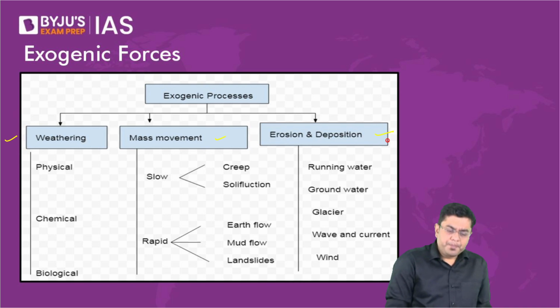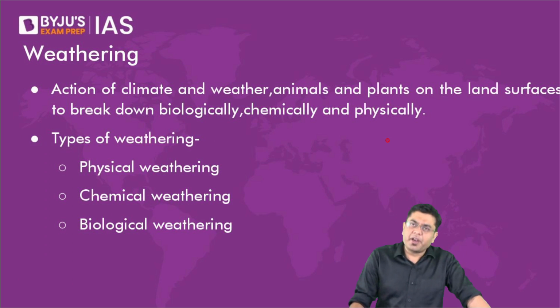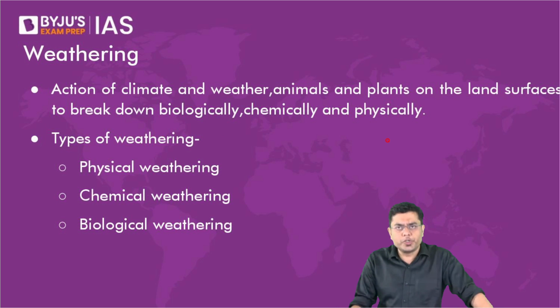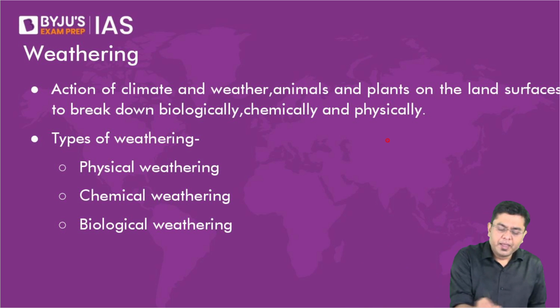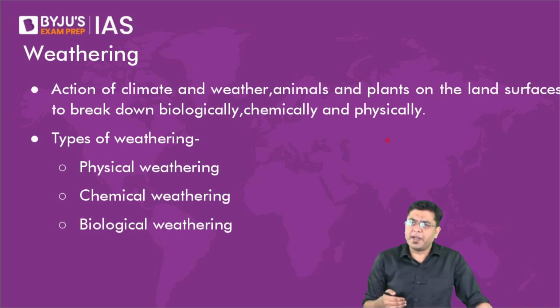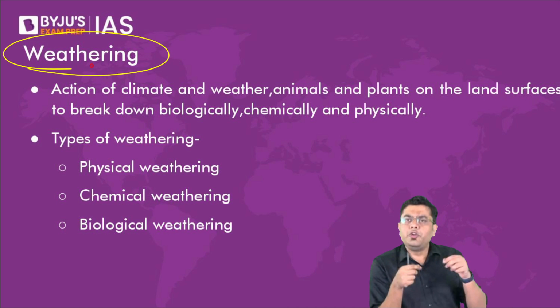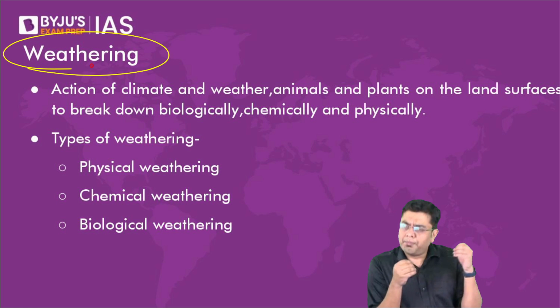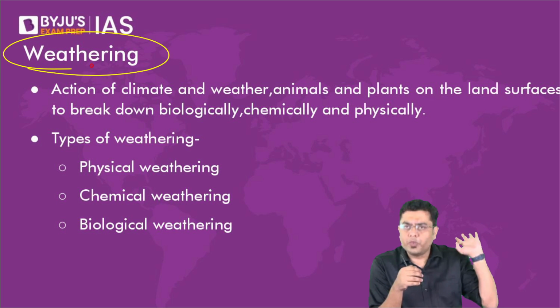So first of all, let us talk about what do we understand by weathering. Then we will try to understand what is meant by mass movement. And then we will go into the portion of gradation or erosion and deposition. So weathering. Weathering is, by the way, a term that is also used in English language in day-to-day parlance, where you talk about that due to the rigors of preparation, that individual was weathered down.